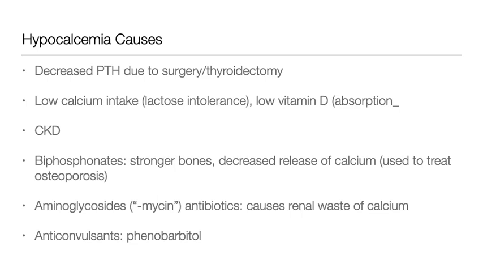So if you're on bisphosphonates, you're not gonna have as much release from the bones. Aminoglycoside antibiotics just waste calcium, goes straight through the body, it's not absorbed. And then anticonvulsants like phenobarbital also can cause hypocalcemia.